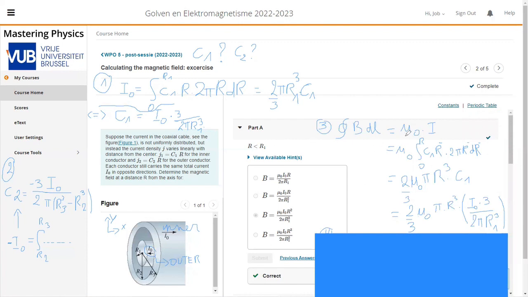So the third step was B times the dL is equal to mu times E, then mu 0 times... what they ask is just this. They ask just from 0 to my R, where R is equal to R1. They just make it a little bit difficult for nothing.